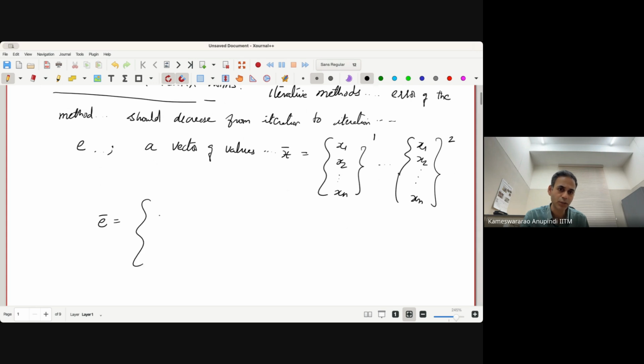It's not just one value; rather, it's going to be E1, E2, all the way to En. Then how do I use all these values in the vector to come up with a single value with which I can say this is the value of the error, and compare it with the previous iteration's value to say whether the error has increased or decreased?